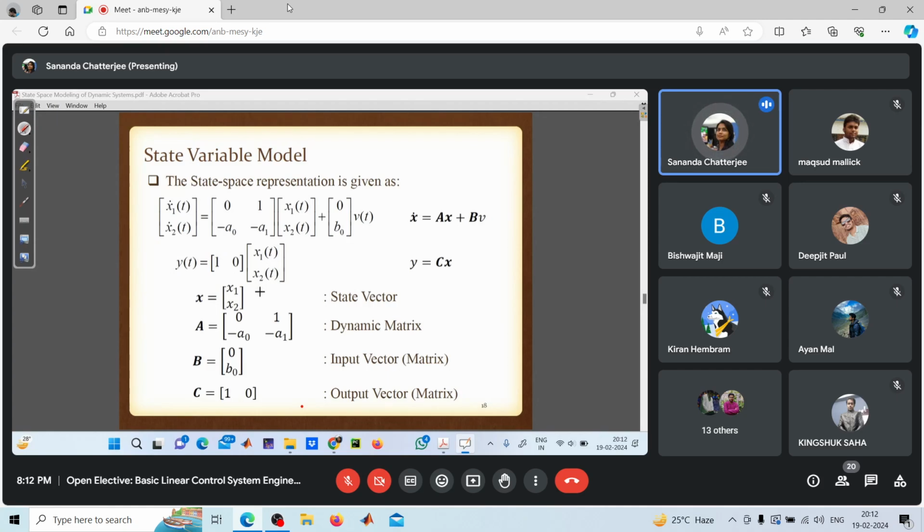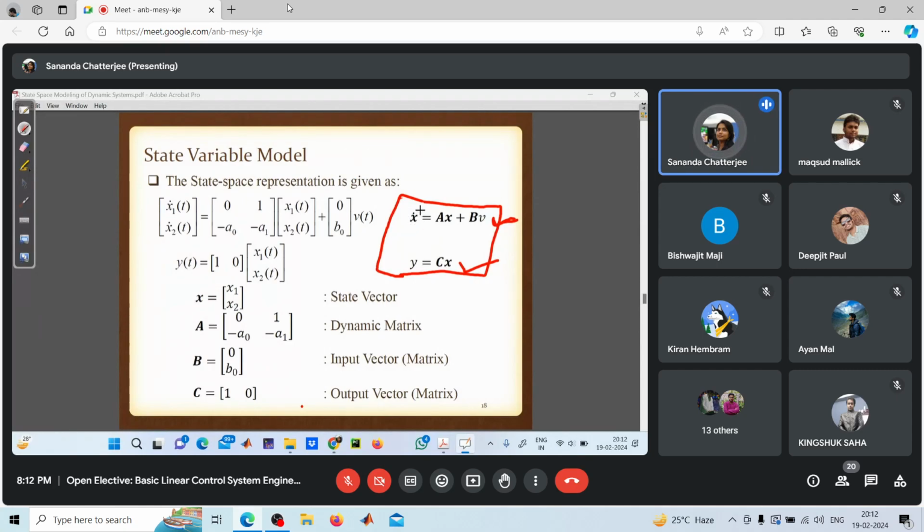So in general, this is our state space representation, where the first equation is called the state equation or dynamical equation, and this one is the output equation. The state equation involves the change in the state.